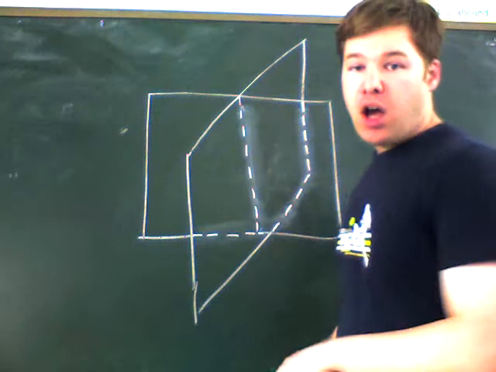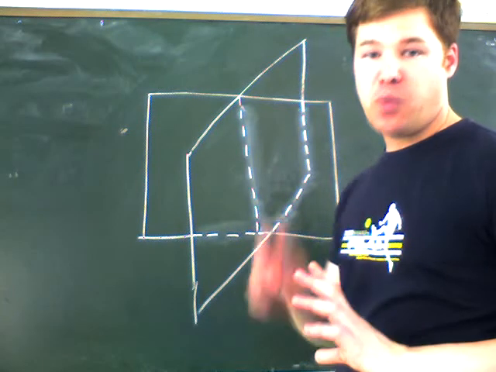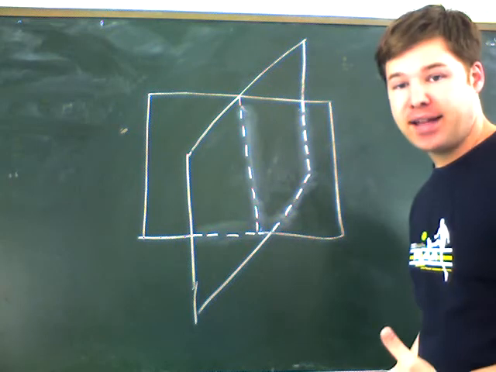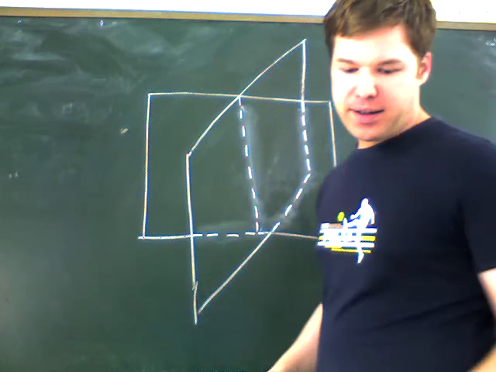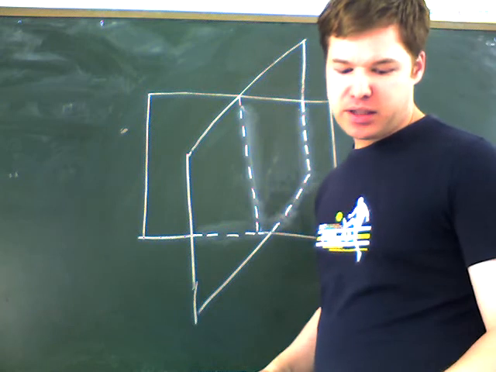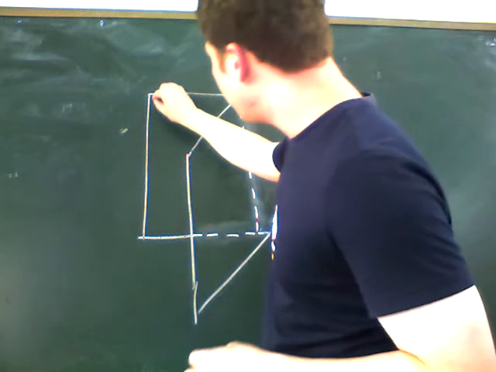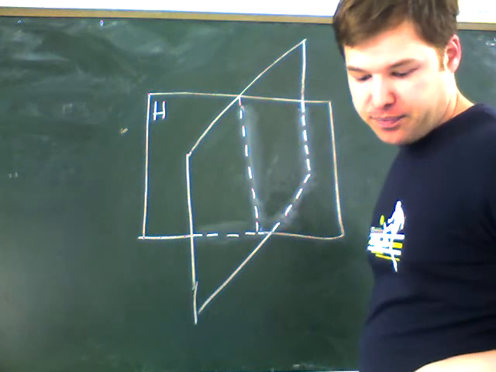Blue chalk. Okay, the first set of equations, the y1, y2, there's going to be one set on the horizontal plane. So I better label these first. This plane right here, why don't we call that H?